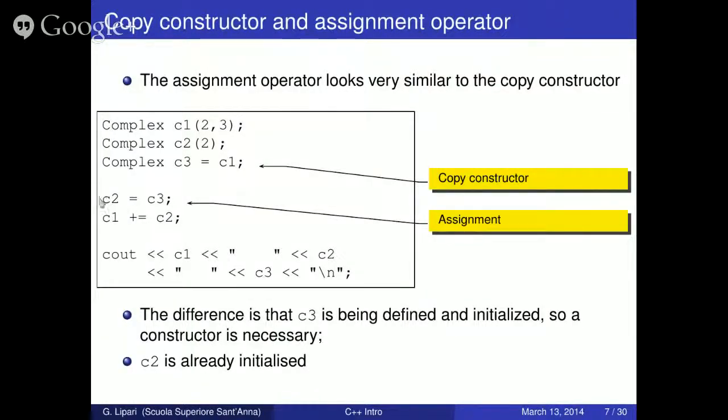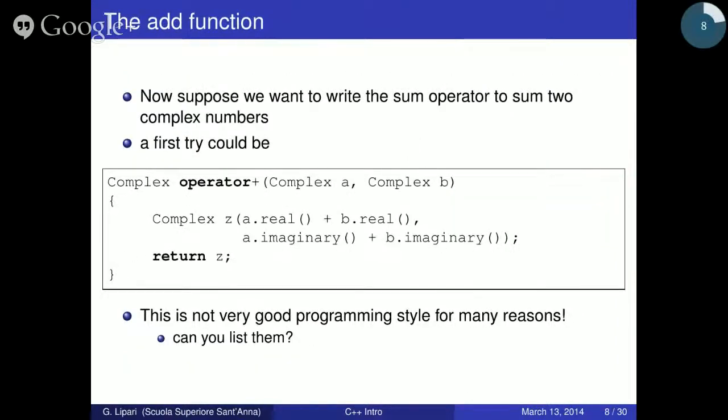Instead, if the variable to the left was already created in the past, by assigning it, you are going to call the assignment operator. So the copy constructor is called upon construction, and the assignment operator is called upon assignment, of course. So remember this simple fact.